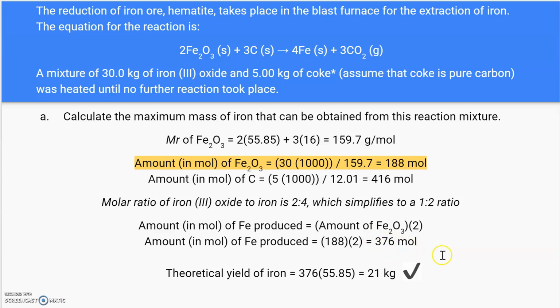Now that we have moles, we multiply that by the molecular mass of iron, and by canceling the moles, we get 21,000 grams, or 21 kilograms, of a maximum mass of iron. So that'll be part A.